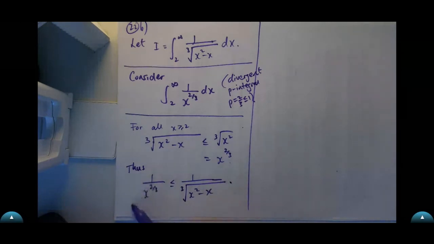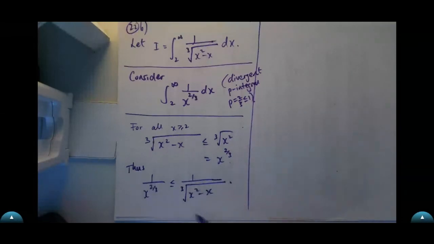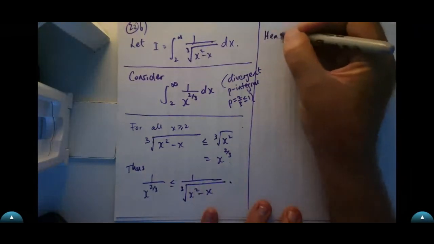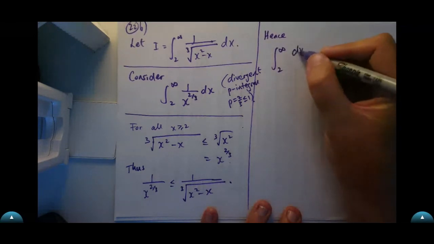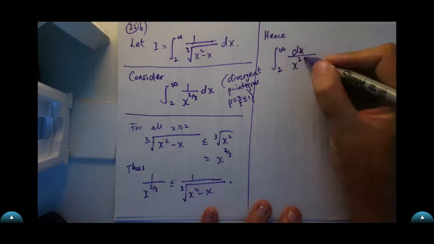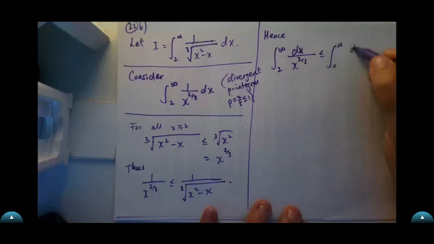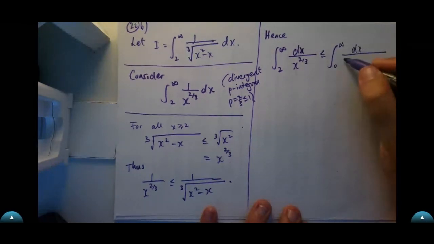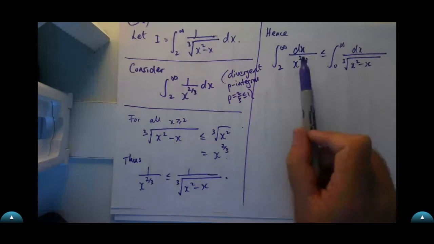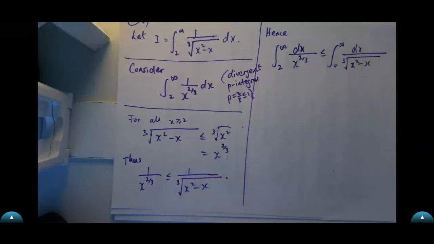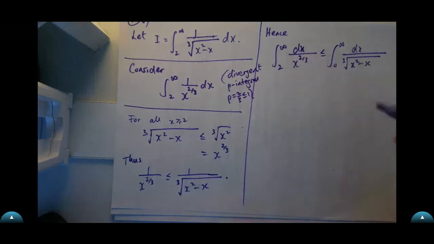Now when I integrate that, I get that. That's going to go off to infinity, and that is also going to get pushed off to infinity. That is a divergent p integral. So this goes to positive infinity. It's got to push that one off to positive infinity.